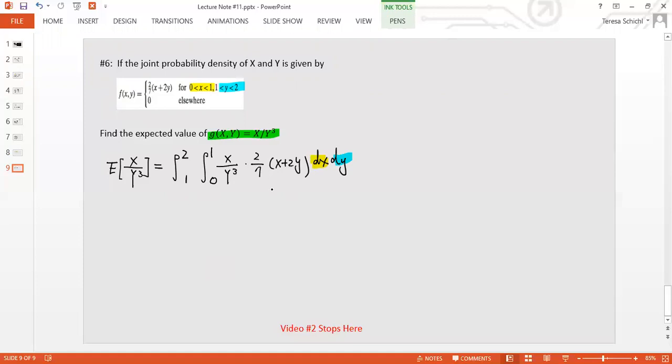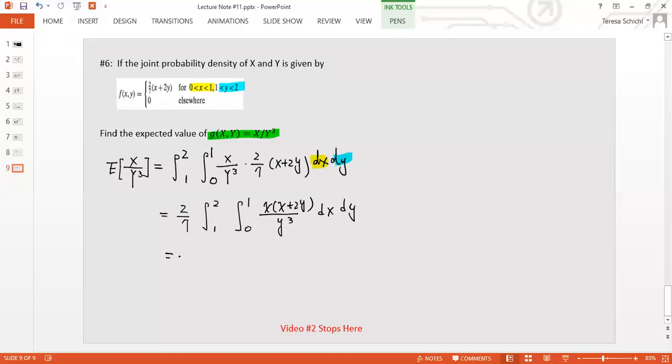Okay, so now let's take a look. How do we do that? The first thing, let's move the constants out, so it will be easier for us to do the integration. In here, the y cubed stays, then this is (x + 2y), so this is dx dy.